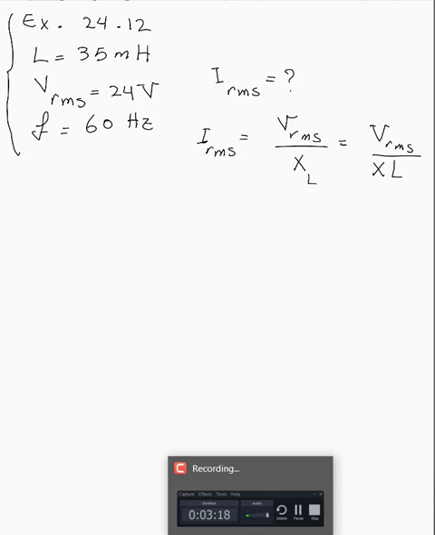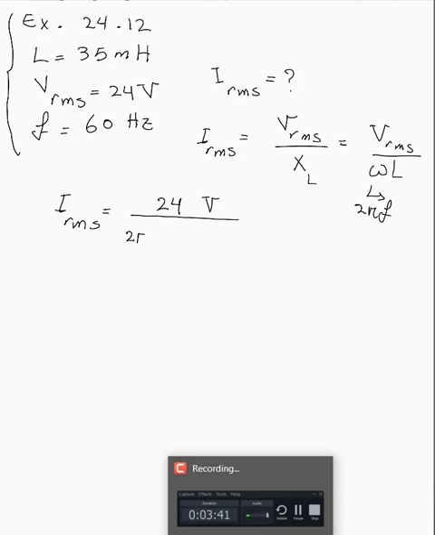So let's just plug in the numbers. I RMS equals, I have 24 volts for the RMS voltage of the circuit, divided by, sorry, this is a mistake here, omega L. Now omega was 2 pi F. This is what we use always.